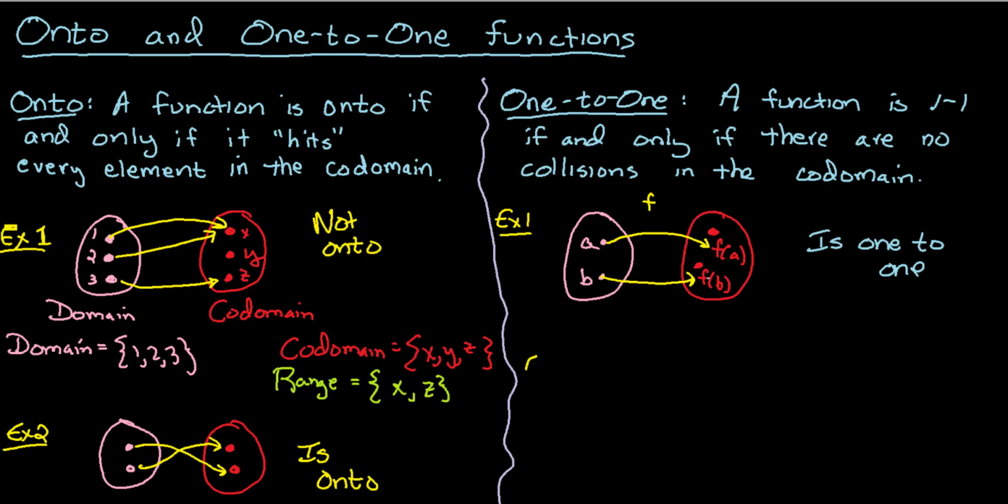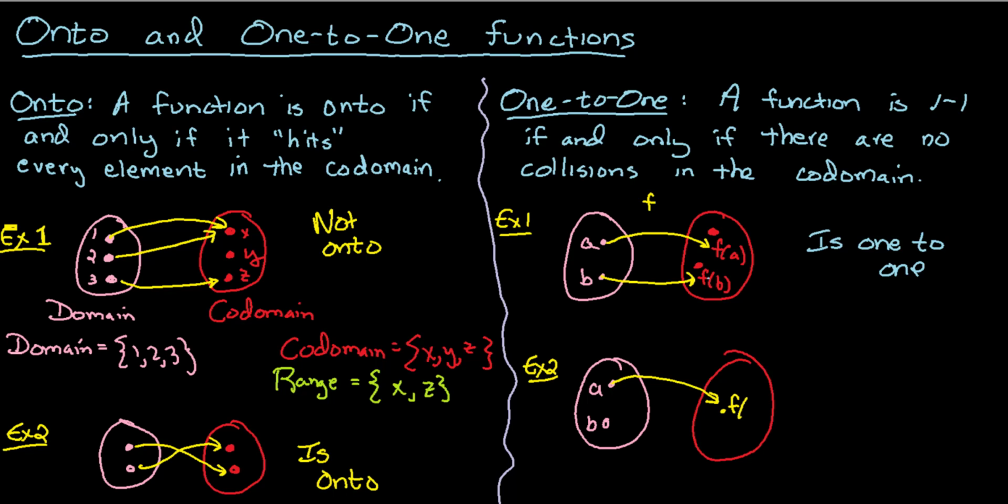In contrast, if I had something like the following, here's A and here's B. Suppose they mapped to the same element. When I apply f to A, I land over here and I get f of A. And suppose that's the same exact value I get when I apply function f to b. A good example of that, if you want to work with some numbers, is the rule f of x equals x squared.